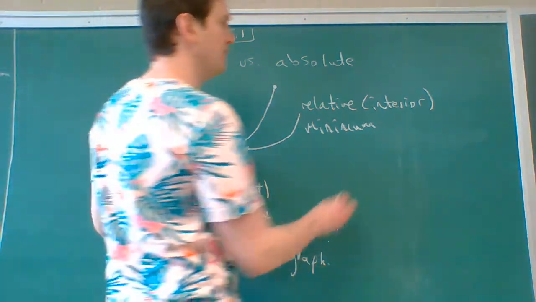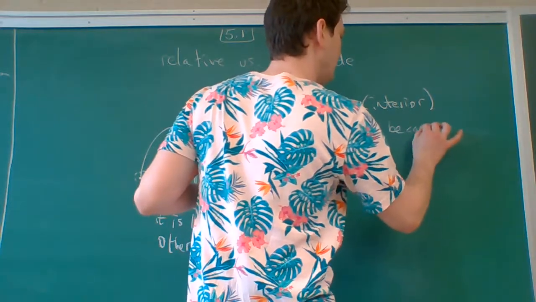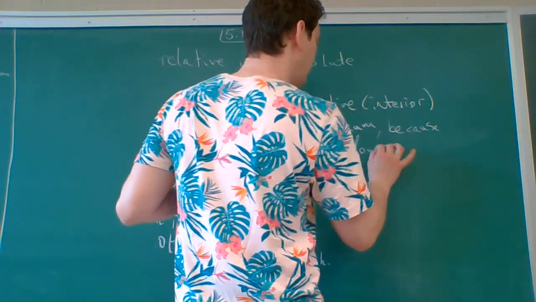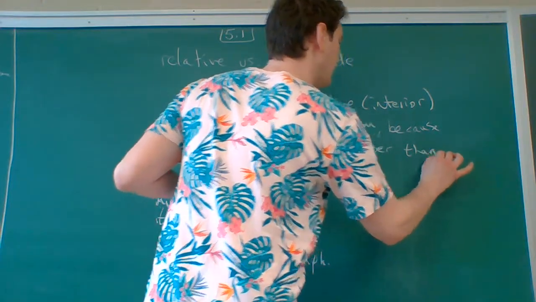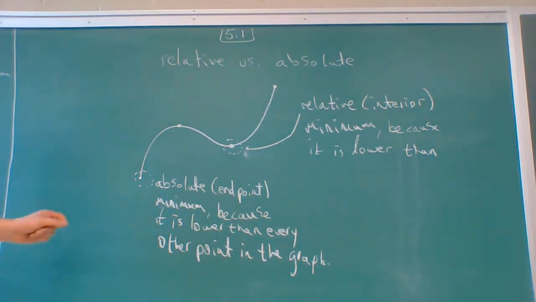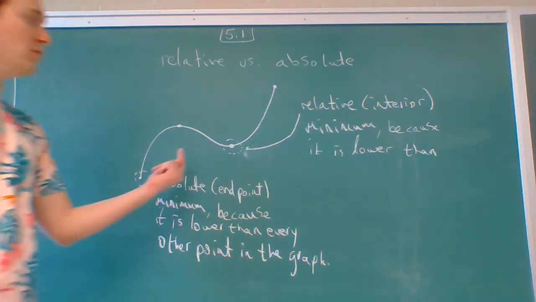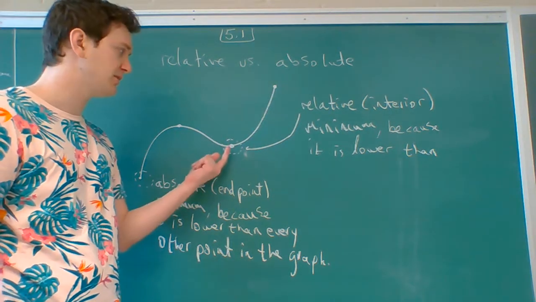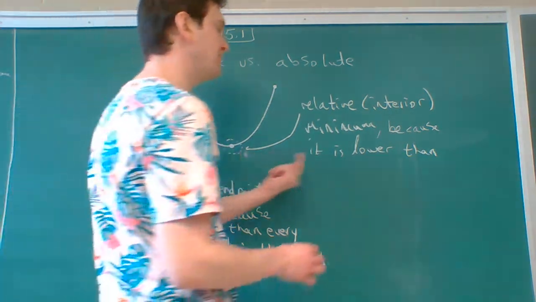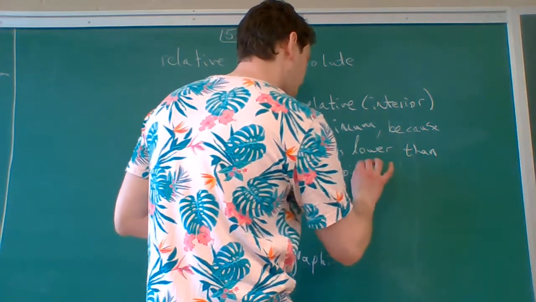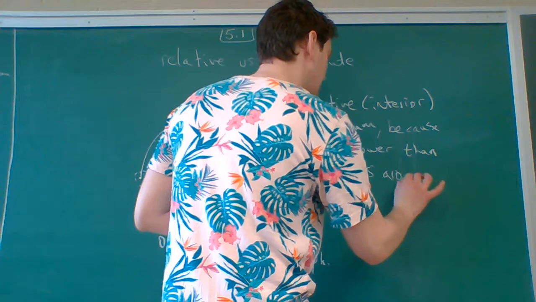It's a relative minimum because it is lower. Excuse me, it's not lower than every other point in this picture, right? There are surely points over here that are lower than this point, but relative to the points around it, it's lower. So I'm going to say because it is lower than the points around.